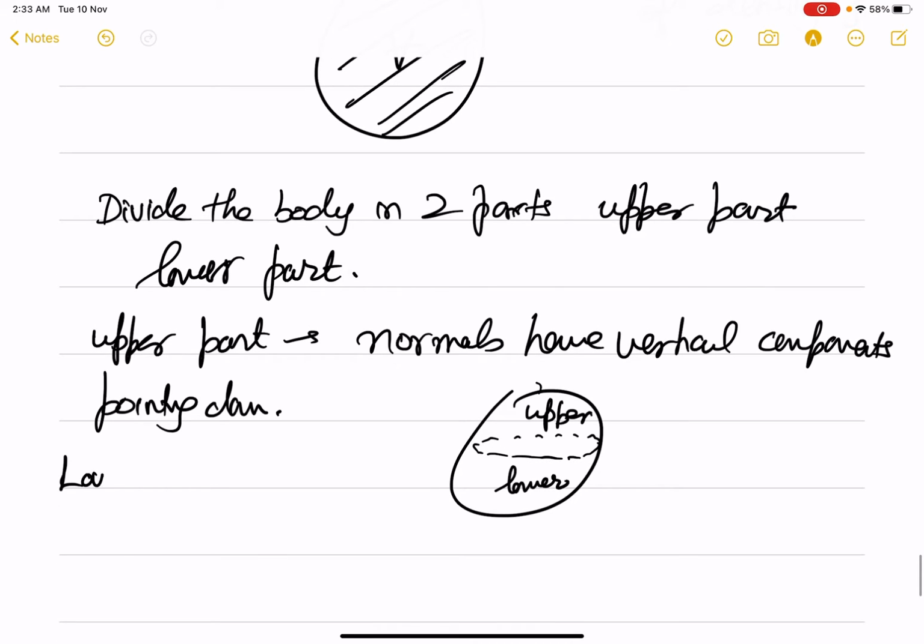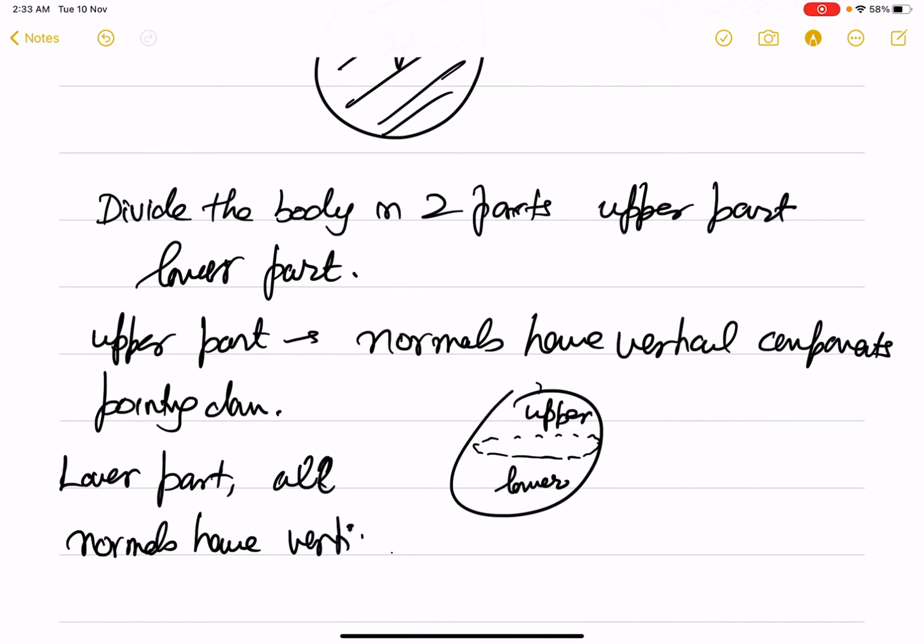In the lower part, all normals have vertical components pointing up.